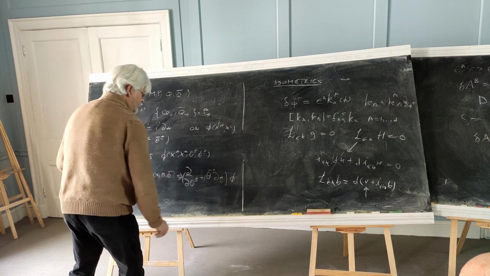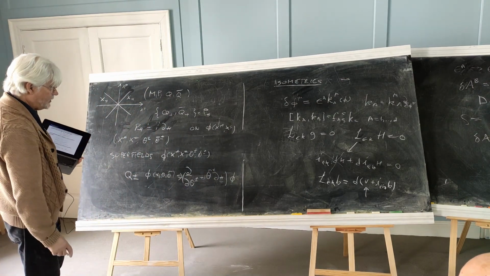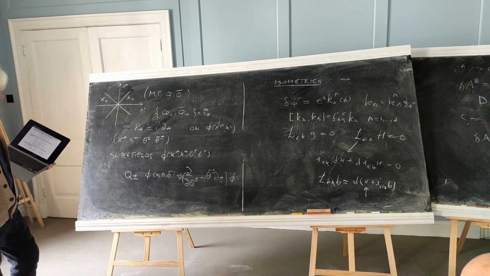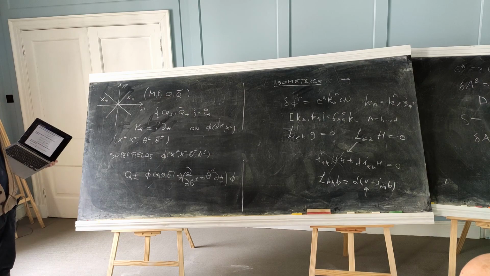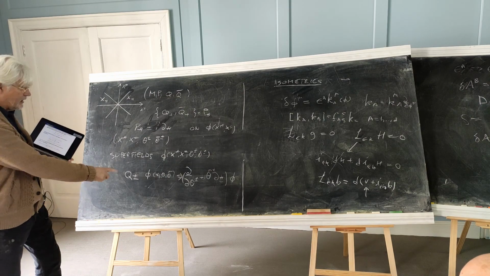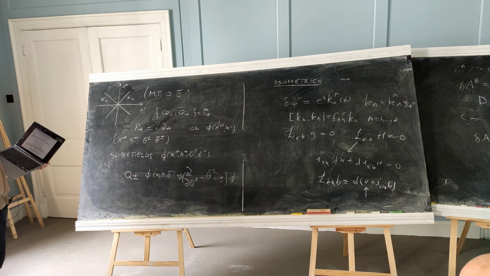Acting on phi. So d by d theta, that's the Fermi coordinates are funny in this way: the derivative, which I wrote here, is actually the same as the integral.